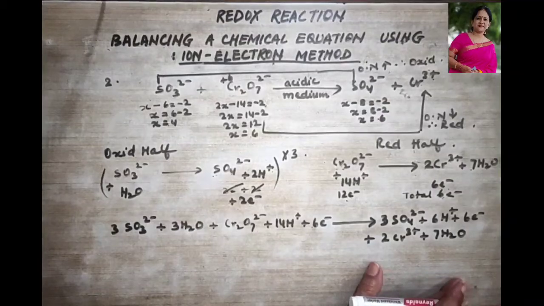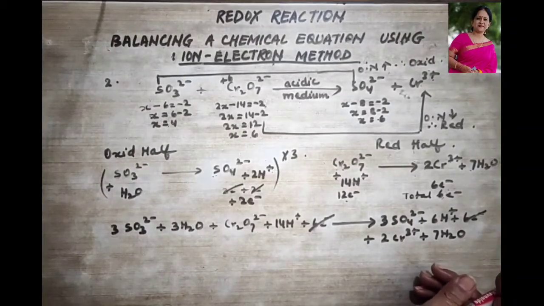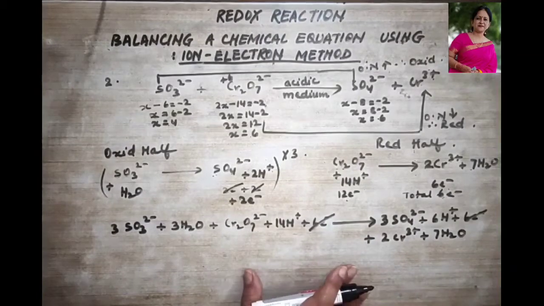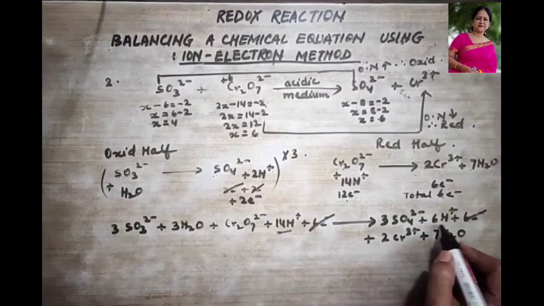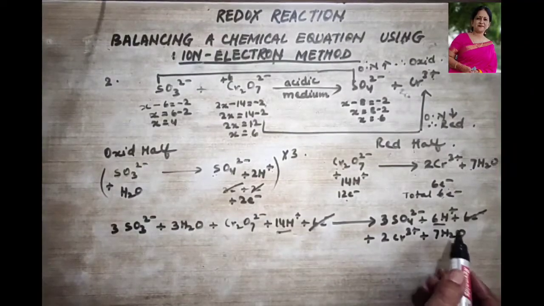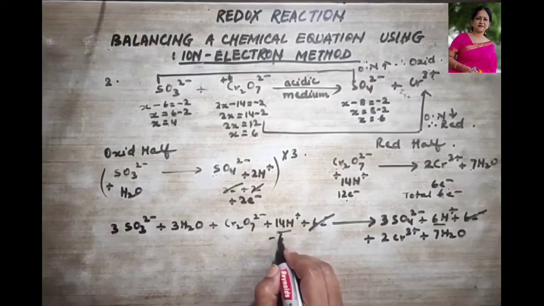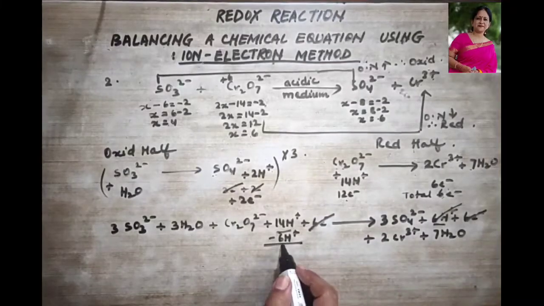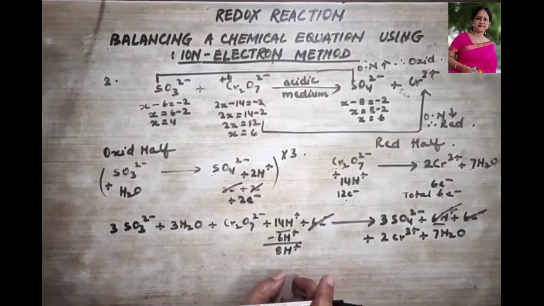So this is our equation. Now let's see what all is getting cancelled. 6 electrons and 6 electrons are getting cancelled. Anything else? Now let's look at anything else over here. Okay, look at this hydrogen ion and hydrogen ion over here. So if we bring this 6 this side, so what will it become? Minus 6H. This is going to give us, if we cancel out this, 8 hydrogen ion. Clear?